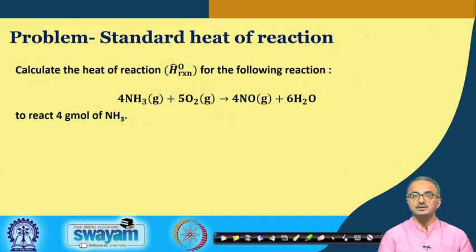We also have the enthalpy of formation, that is the heat energy liberated or consumed during the formation of some compound. For example, if you are making carbon dioxide from carbon and oxygen, whatever heat effects are there when these two combine also come under the heat of reaction.